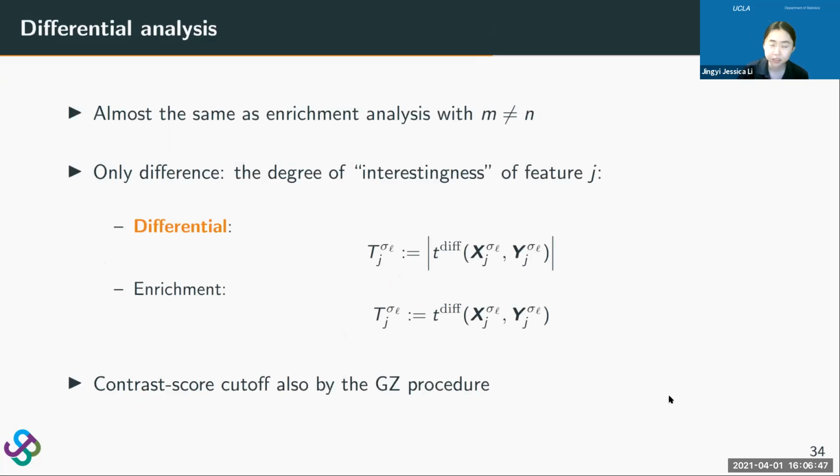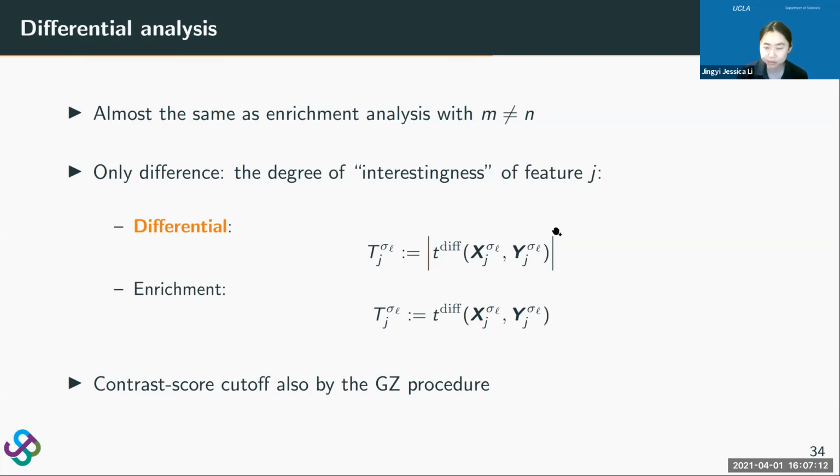So finally, differential analysis. This is similar to the enrichment analysis with m doesn't equal n, because we need permutation as the same. But what's different is the definition of the degree of interestingness. For enrichment, we just use the difference statistic. But for differential, we don't care about the sign. We don't care about the direction, which condition is bigger.